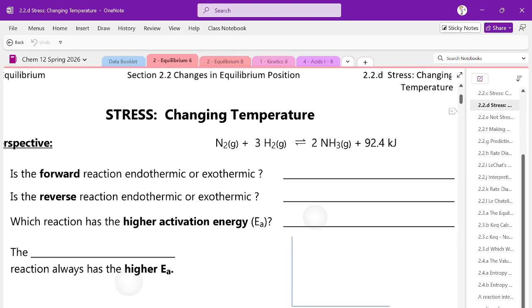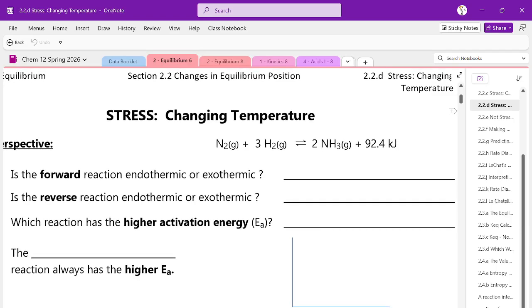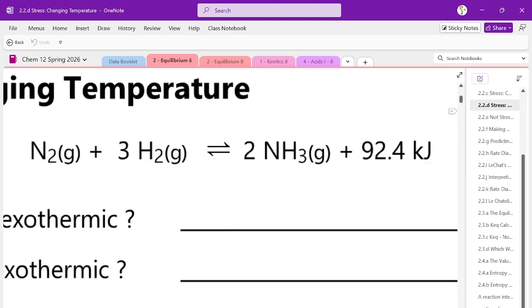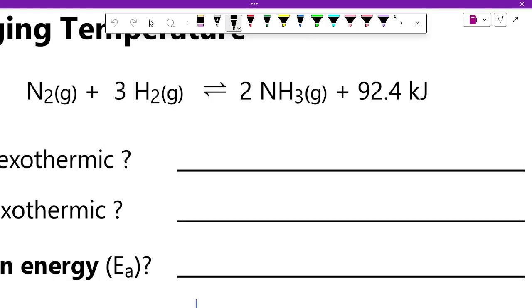So if we look at this reaction here on page 50, is the forward reaction endothermic or exothermic? Exothermic.